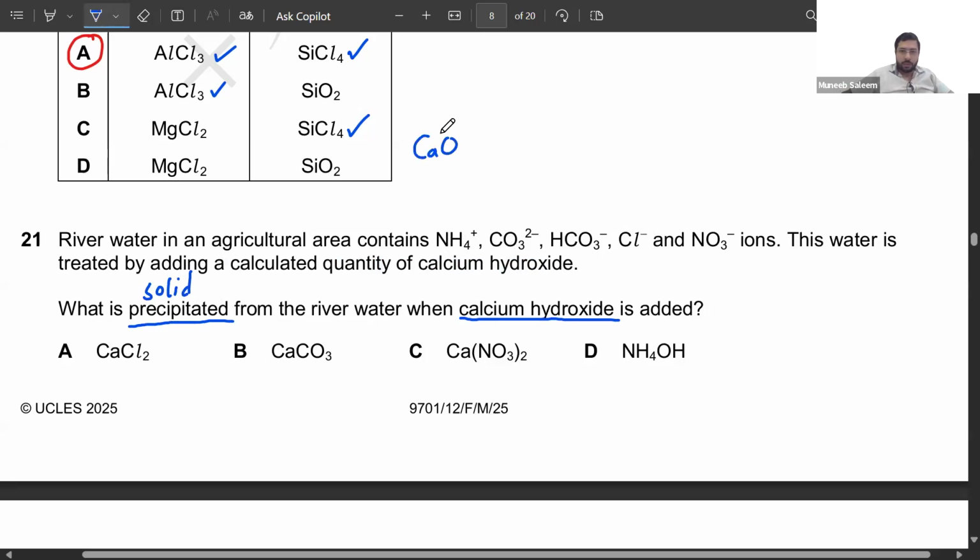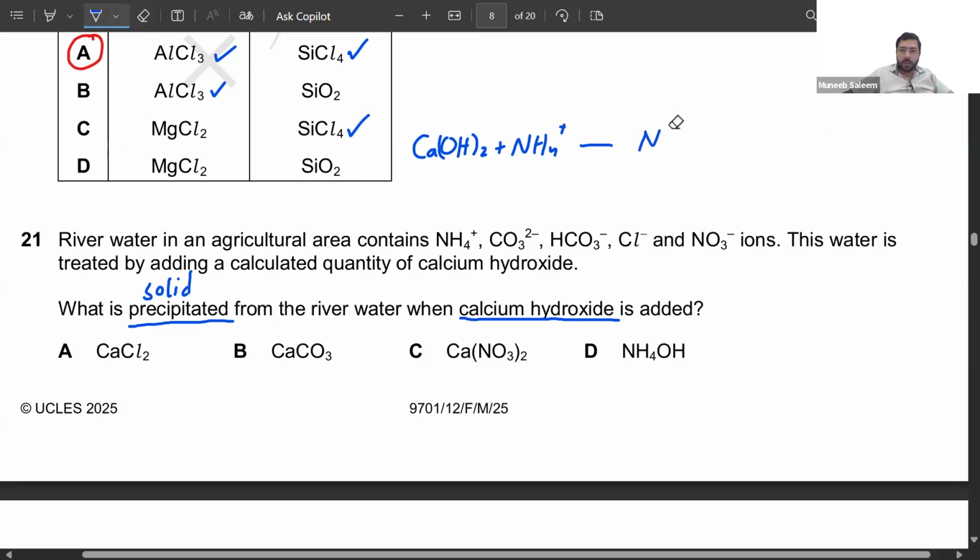If there is a reaction between calcium hydroxide and the ammonium ions, then there shall be a formation of ammonia gas and water. But here, there is no such thing as solid. It should be ammonium hydroxide, a slight mistake.